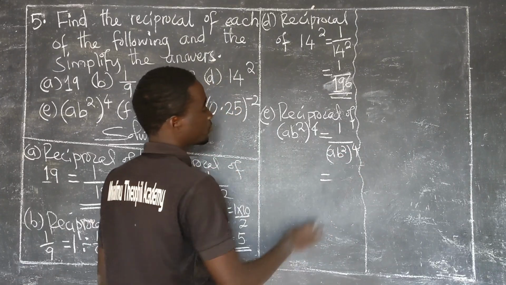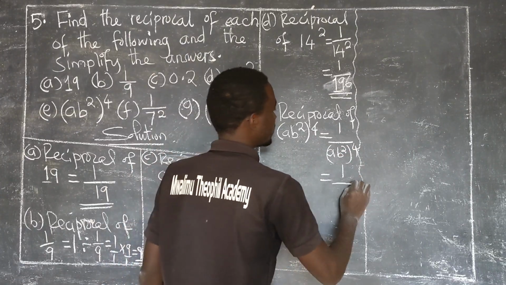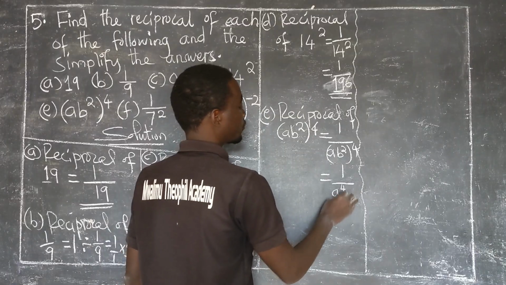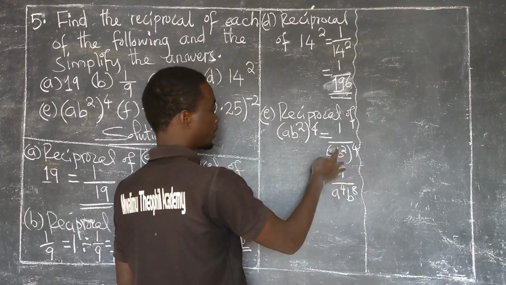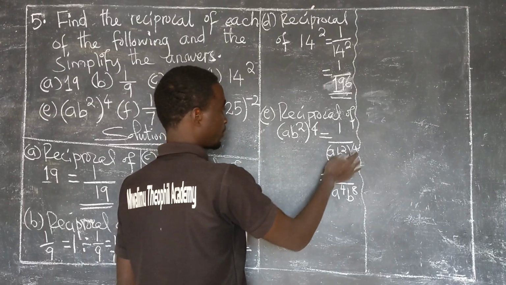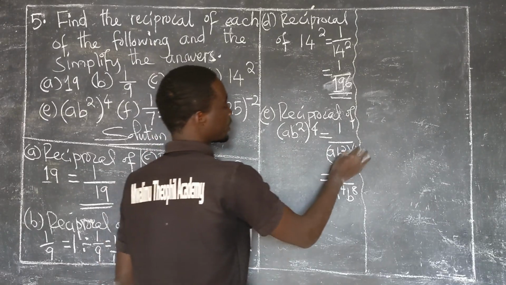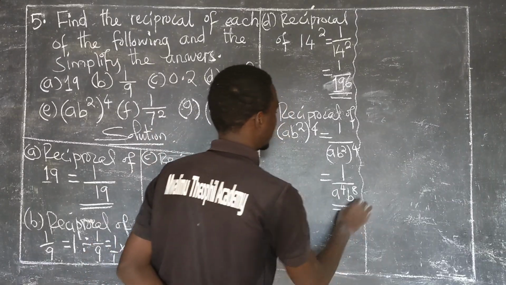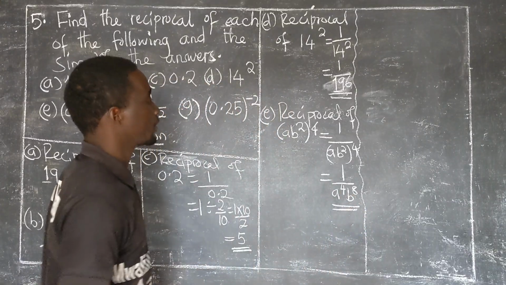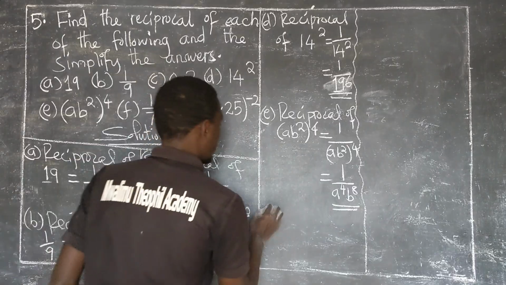It will be equal to 1 divided by A raised to 4, B raised to 8, as this 4 is multiplied in each value within a bracket as an exponent. So this will be the reciprocal of AB squared, bracket raised to 4.